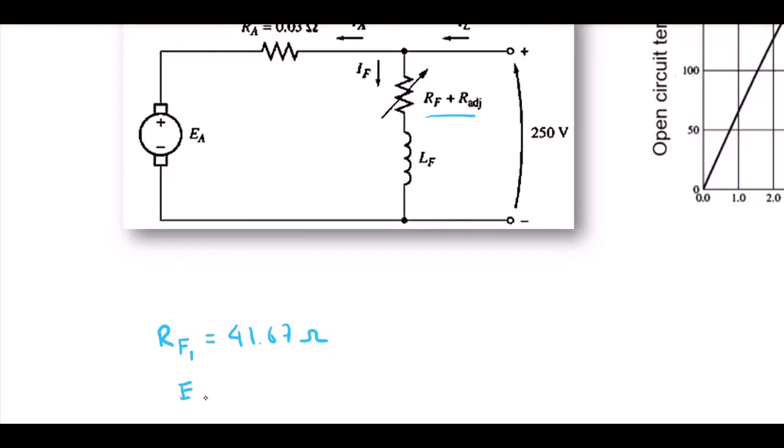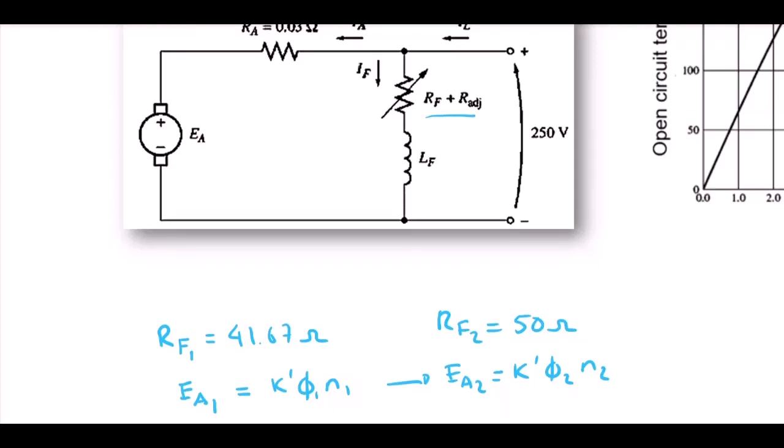In this condition, we will have the internal generated voltage EA1 equal to a constant K times flux 1 and N1. Later, in the second condition, EA2 will be equal to K, flux 2, N2. This will be when RF is equal to 50 ohms.